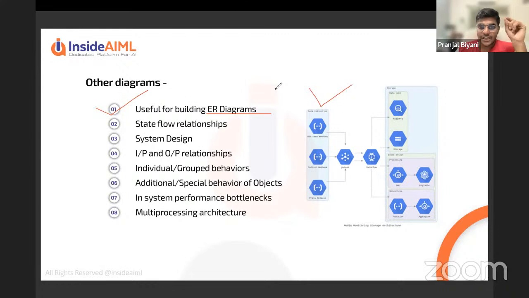This customer has been buying a lot of things in the past also, and has a particular kind of choices. So he buys a lot of mobile phones or a lot of books, etc. All of these databases are interlinked, and that can be represented by ER diagrams.